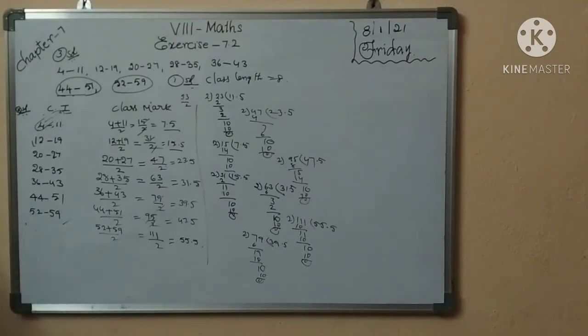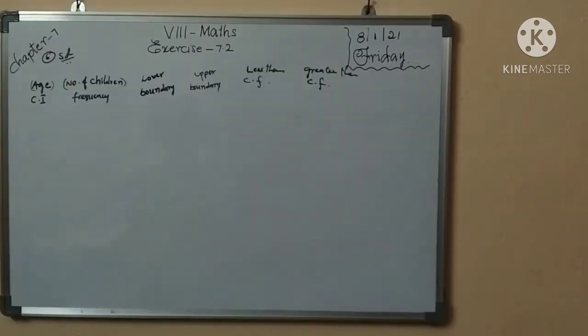Okay. Next, sixth question. Look at the sixth question in the textbook, children. Construct the class boundaries of the following frequency distribution table.